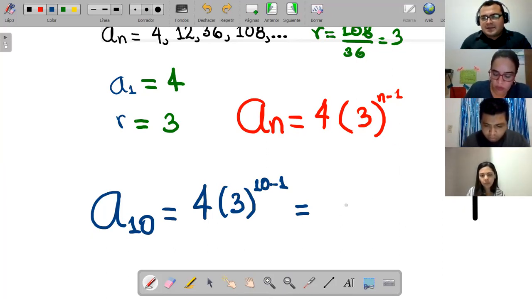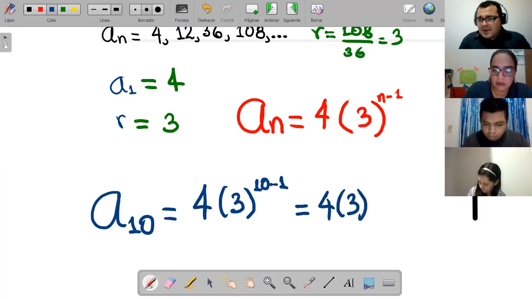I mean, here it's going to be 4 times 3 to the power of 9. Just 3 to the power of 9 is a very huge number. Try it over there.